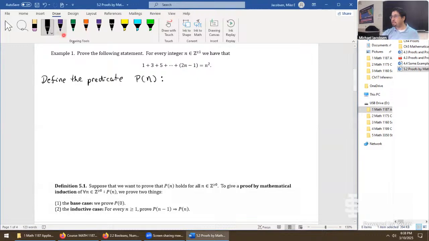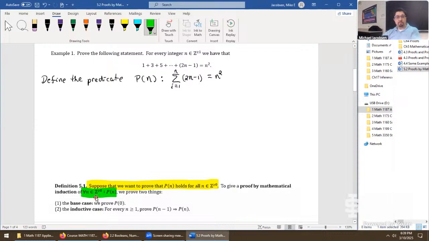So let's say our statement is really that the summation as i goes from 1 to n of 2i minus 1 is equal to n squared. So all I've done is collapse this whole thing into one big summation, assert it's equal to n squared, so it's the original statement. So we've got a predicate that was this part of the induction, and we want to give a proof by mathematical induction of this statement.